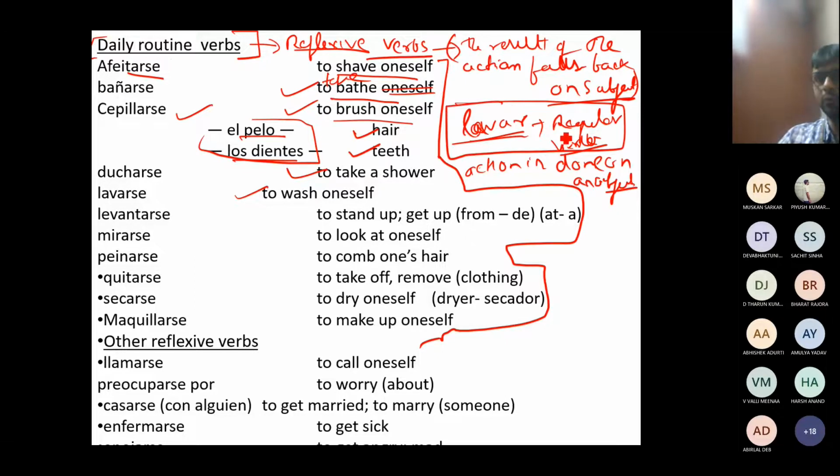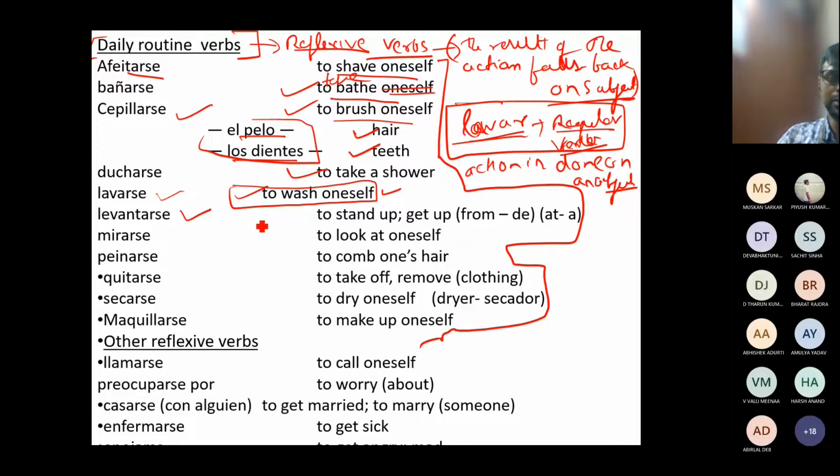For example, I wash the clothes, he washes the dishes. There you use simply the regular verb lavar without any reflexive pronoun because you are performing the action on some other object, not on yourself. But when we use lavarse, it means the action is performed on the subject by the subject himself, and the result is on the subject. So all these three things are happening on the subject.